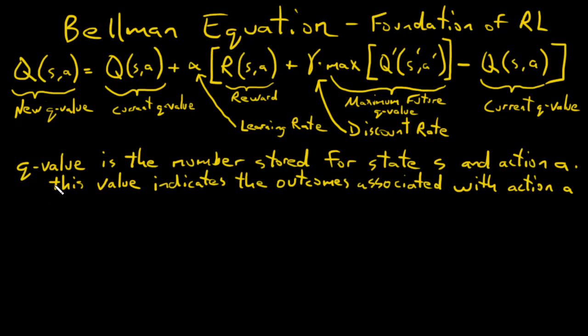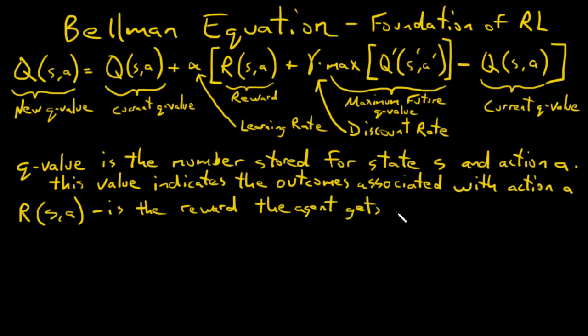Okay? So now let's talk about the reward. R of S and A. Believe it or not, this is the reward the agent gets for taking action A in state S. This is the immediate reward.